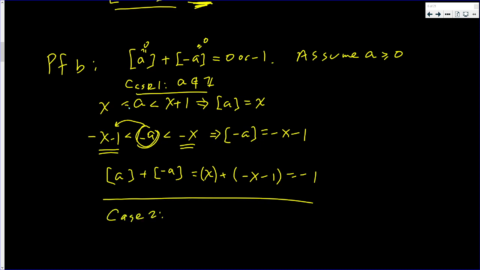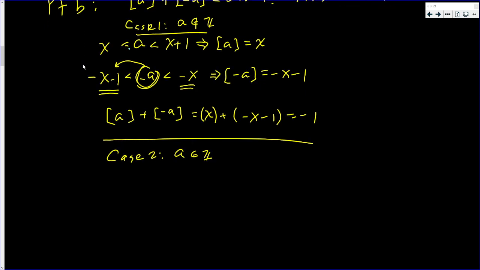Suppose case number 2. a is an integer. Well, in that case, the greatest integer of a is itself. And if a is an integer, negative a is an integer, and the greatest integer of the integer negative a is negative a.